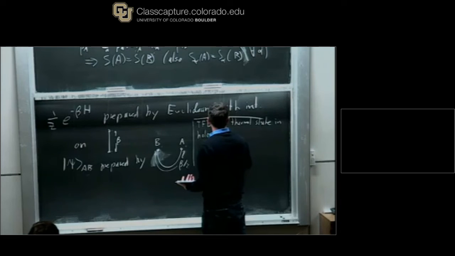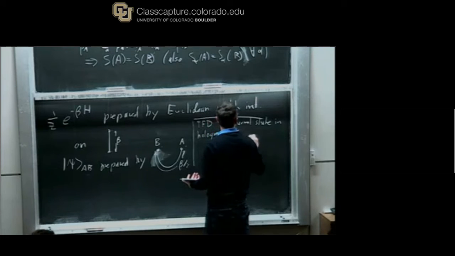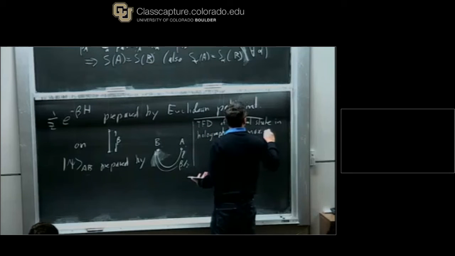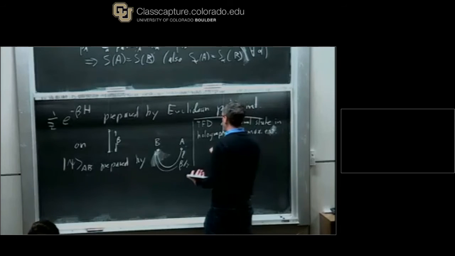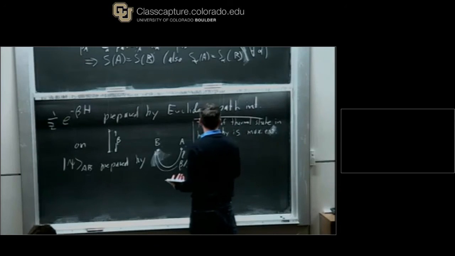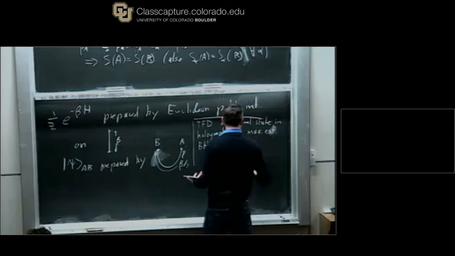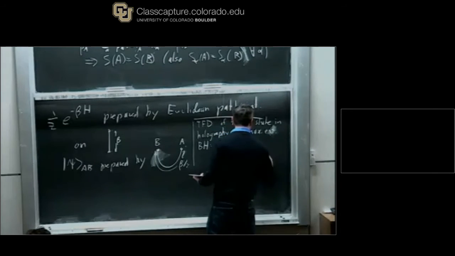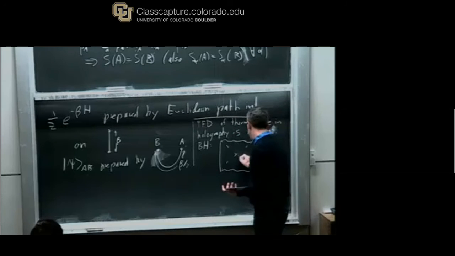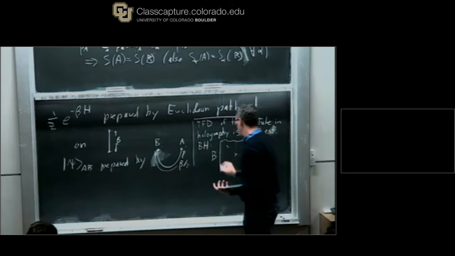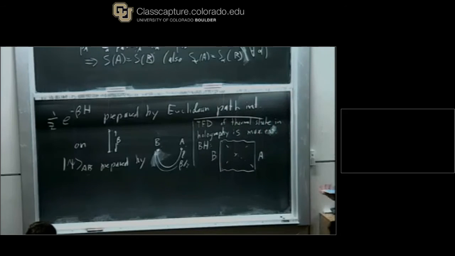I'm going to come back to this. Maximally extended black hole, whose Penrose diagram looks like this. This is our original system A, and this is the copy B.